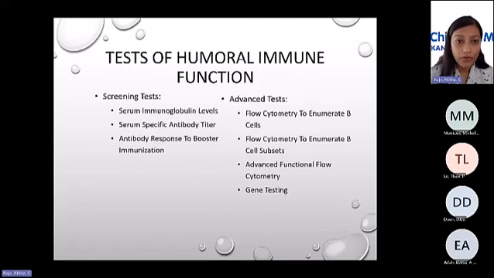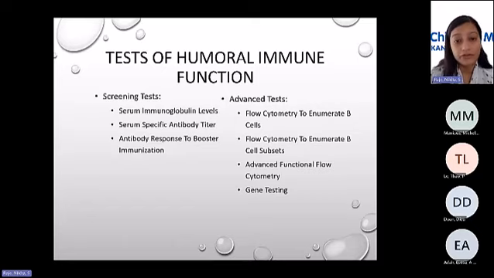evaluation is important. For some of these patients, we start with the screening tests. Depending on what kind of immune defect you are thinking of, the screening test might differ. So for antibody deficiency, you would get immunoglobulin levels, specific antibody titers, so vaccine titers, and then response to booster vaccines. Those are the basic tests.